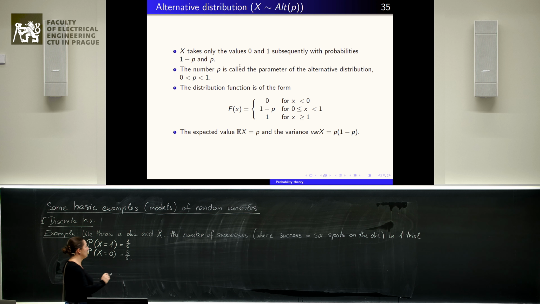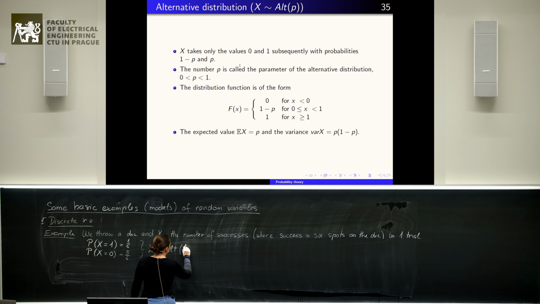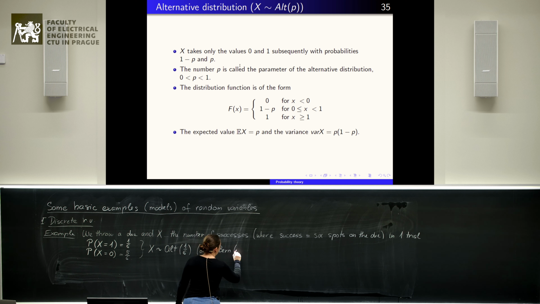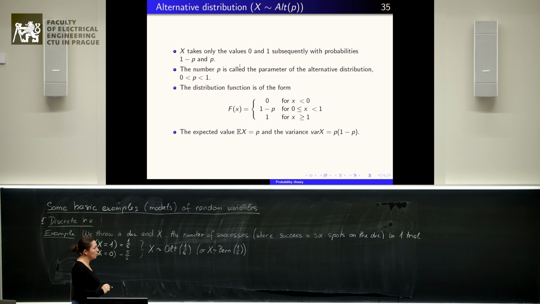In this case, we say that X has alternative distribution with the parameter 1/6. Or sometimes it is called also Bernoulli distribution with the parameter 1/6.